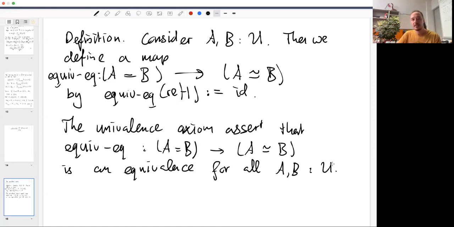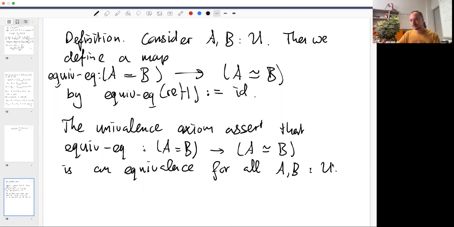So if we say that U is a univalent universe, then we mean that this map here is an equivalence. And usually in type theory, if we want to assume univalence, we usually assume that all universes are univalent. So that's what we will do.